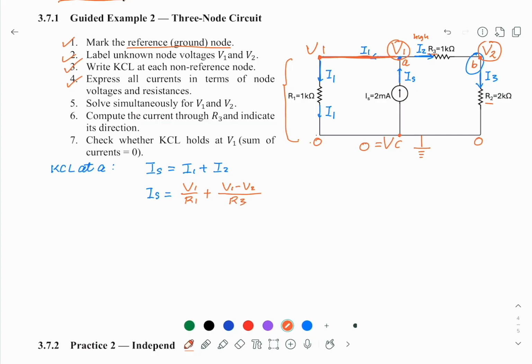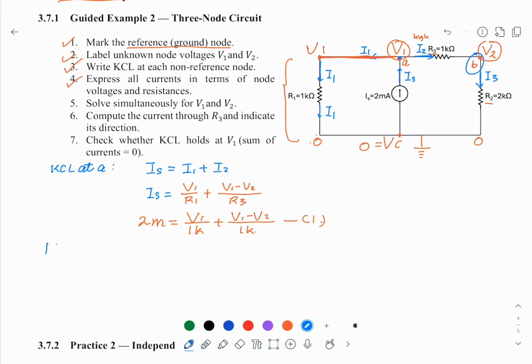So this is our first equation, and this equation will be 2 mA equals V1 over R1, which is 1k, plus V1 minus V2 over 1k. Equation 1.